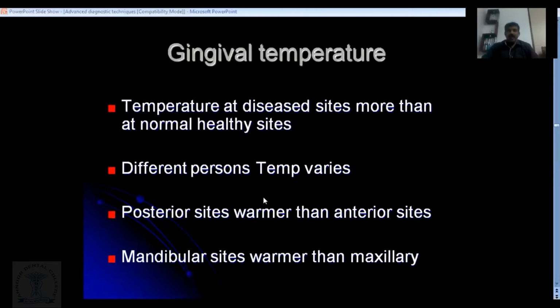So these have to be taken into consideration when you evaluate temperature.